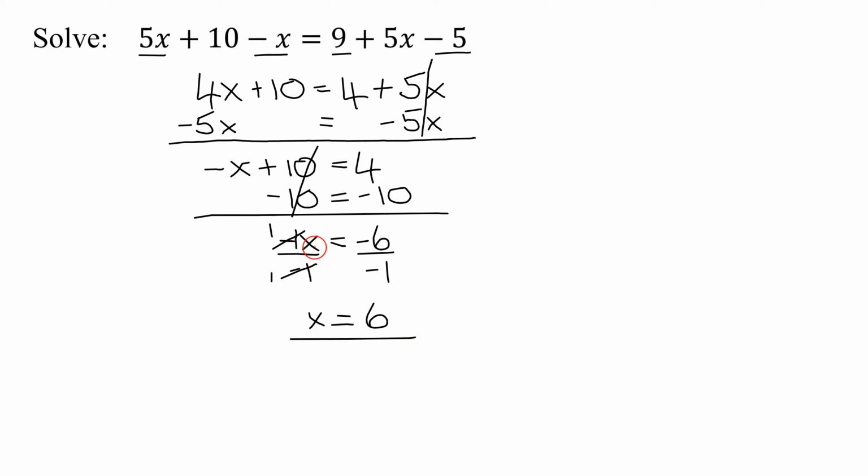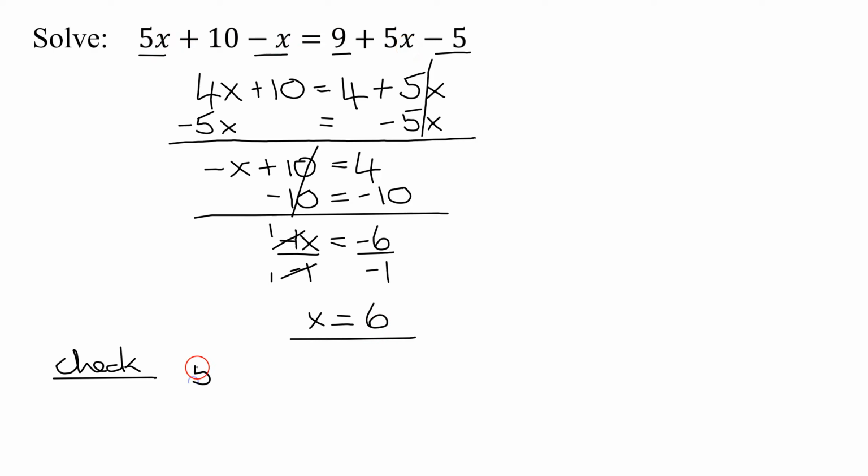Now at this step, I would have got the same answer if I'd have multiplied both sides by negative 1. It doesn't matter. So now let's quickly check our answer to see if we got it right. That means plug x equals 6 here, here, and here.